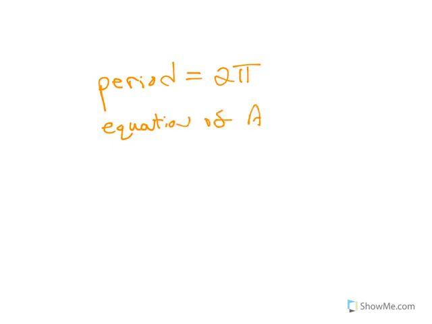So they wanted to know what the period was. So the period was 2 pi. The equation of the asymptotes we said was going to be x equals k pi, and the range.